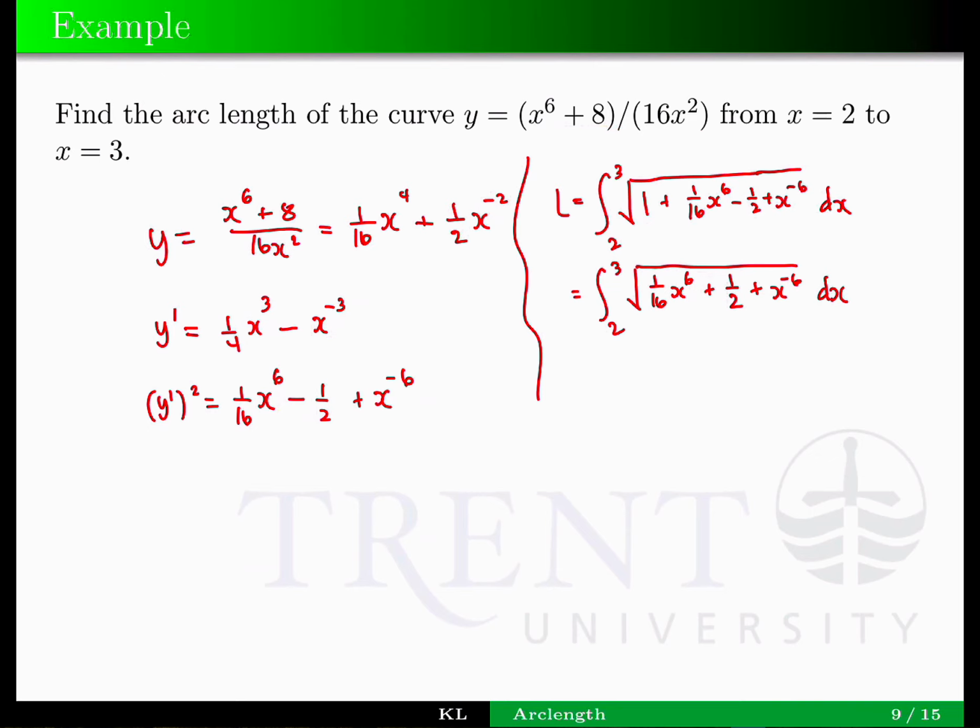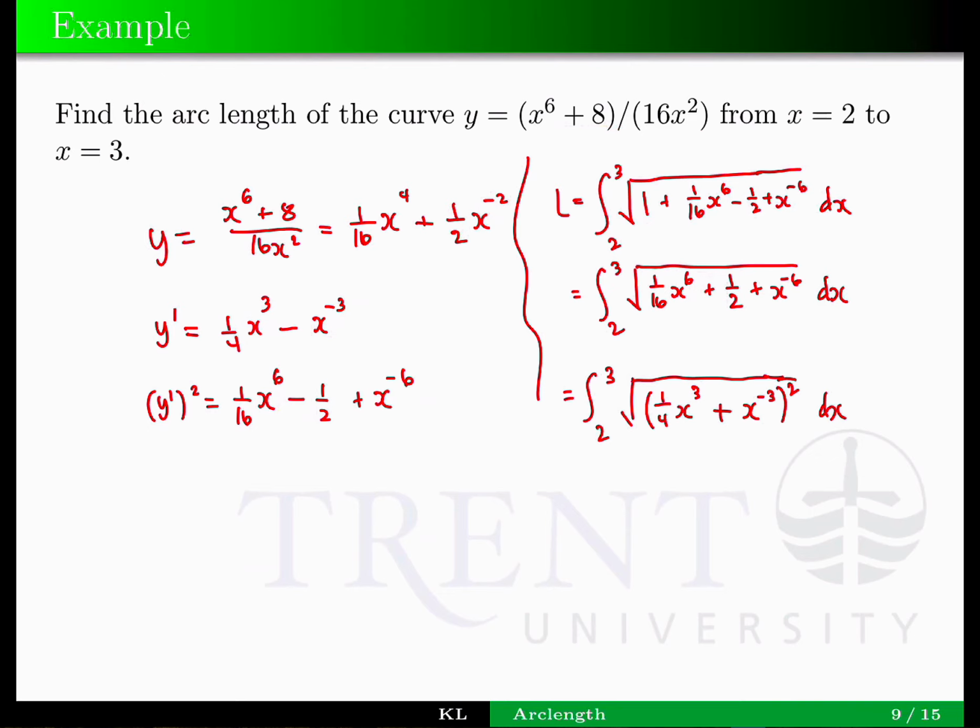Okay? So if you have observed that and analyzed that nicely, this expression inside the square root is just (1 over 4 x to the power 3, plus x raised to the power negative 3) squared dx.